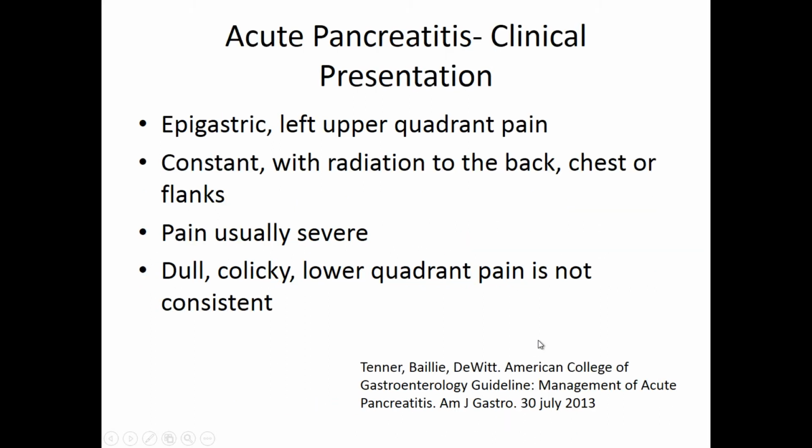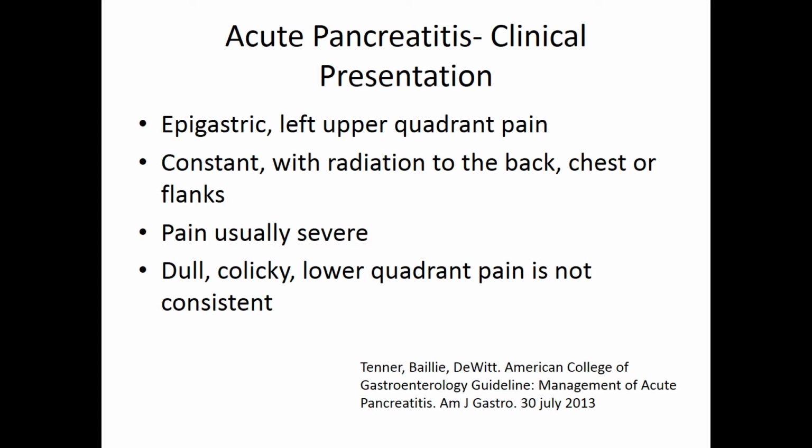So what do we mean by clinical presentation typical of acute pancreatitis? We see a patient presenting usually with epigastric or left upper quadrant pain. The pain tends to be constant and may be increasing in severity. The pain may radiate to the back, chest, or flank.